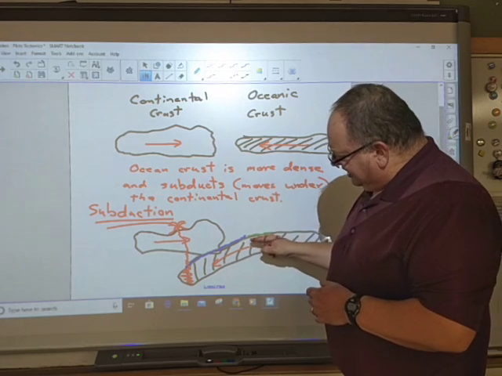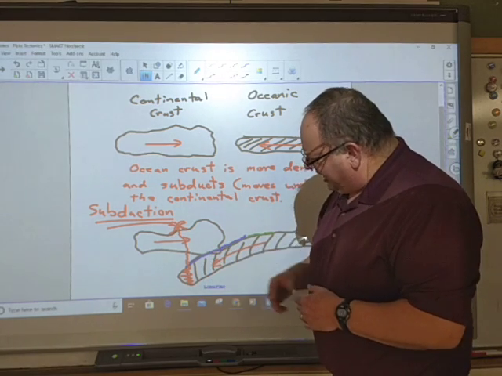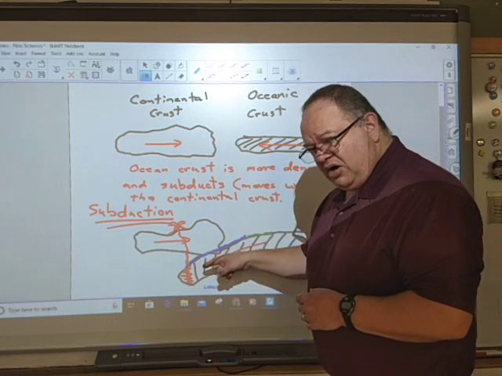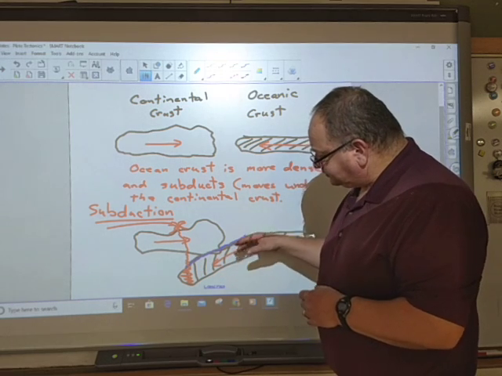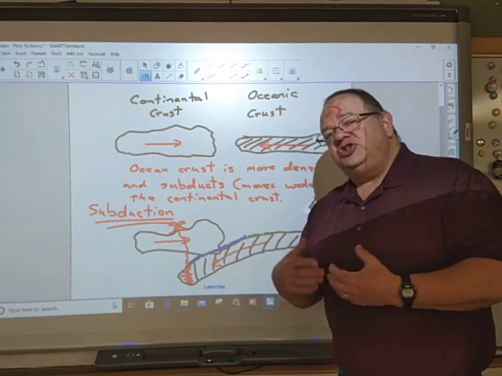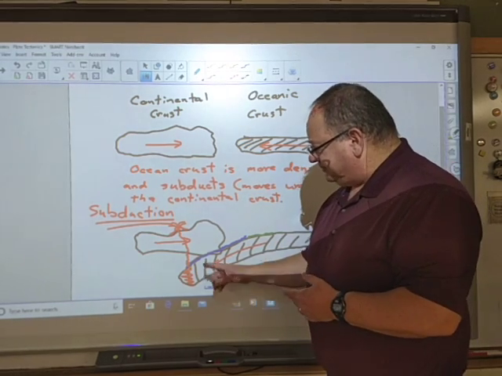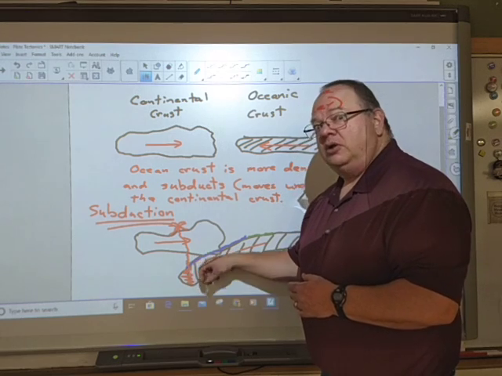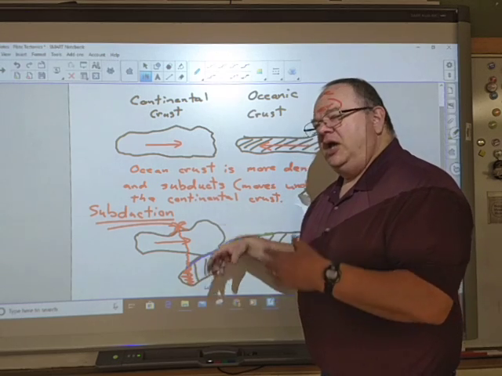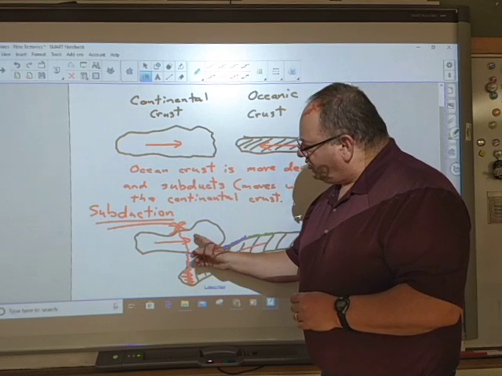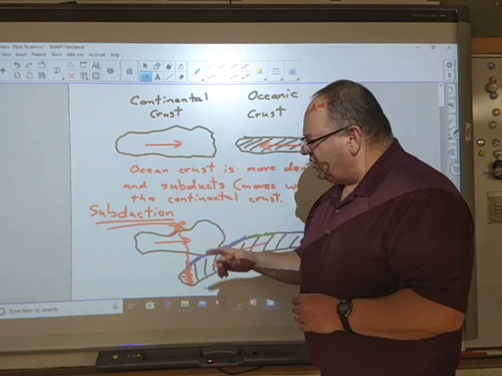But as this piece is dragged down into the mantle, it drags along with it some water and some sediment. And that combination of water and sediment with the rock changes the melting point of the rock underneath. And it makes it easier for some of this material to melt for magma. And if you have magma, it's going to look for a crack to try to force its way up, and we get volcanoes.